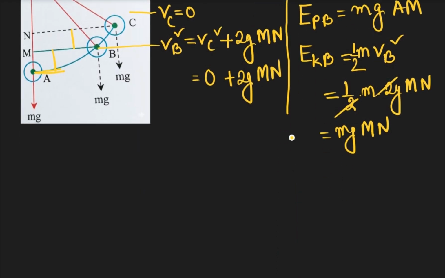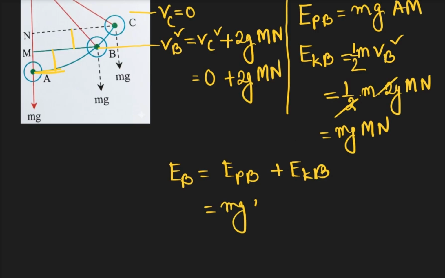So the total energy at point B is EPB plus EKB. EPB is mg AM plus mg MN, where this is EPB and this is EKB.